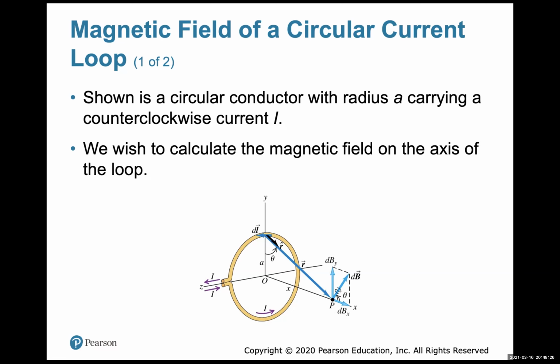And I think everywhere around the ring, just like we had for an electric field, the component in the plane of the loop itself will cancel. And the longitudinal component will remain. And that's what we have to sum in order to find the field.